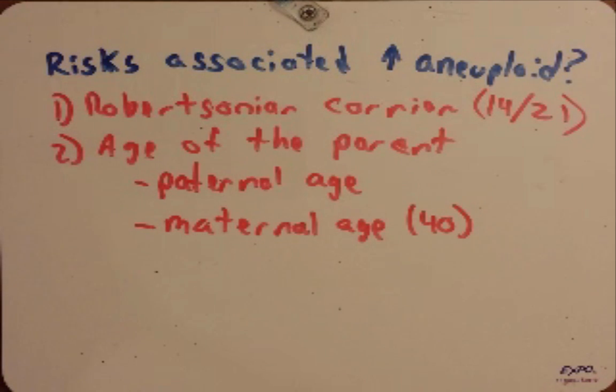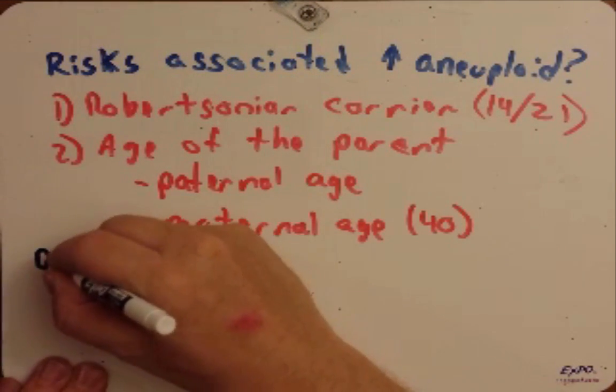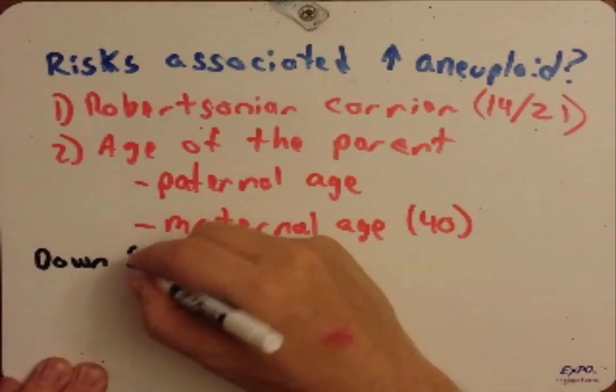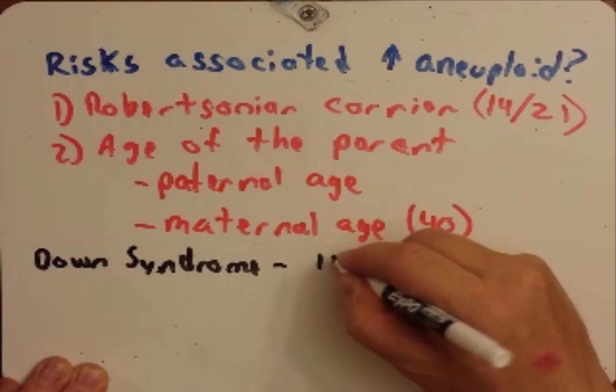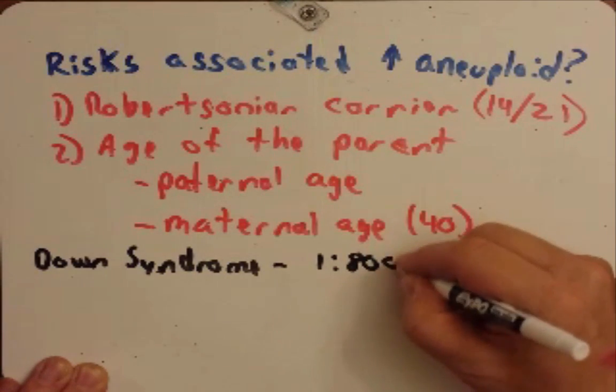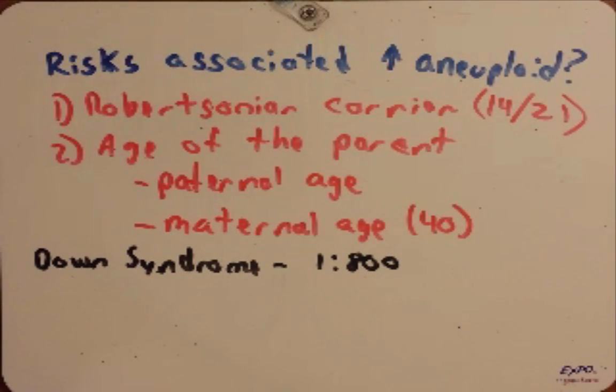We know that the overall risk of something like Down syndrome, let's focus on Down syndrome here, is about 1 in every 800 births. So it's pretty common. However, this risk of 1 in 800 isn't the same at every age.